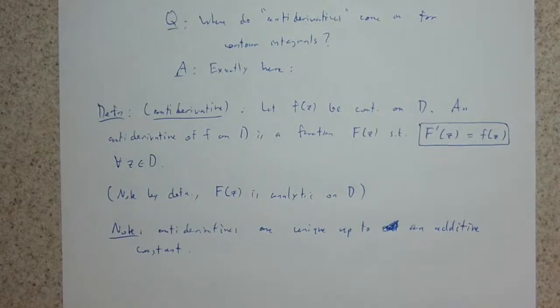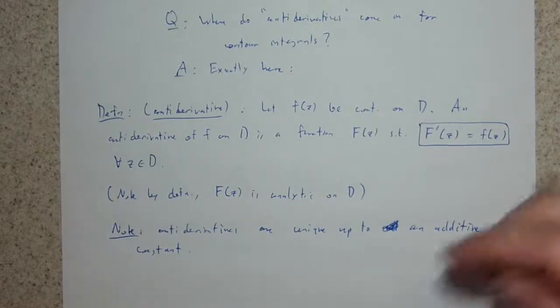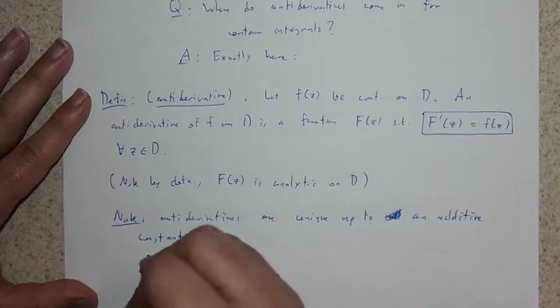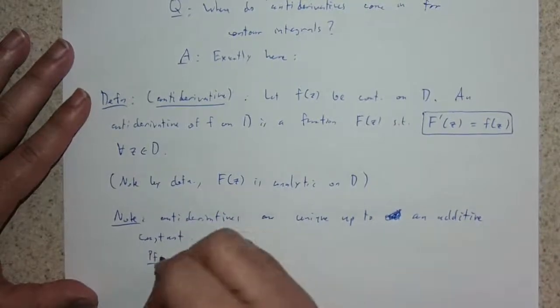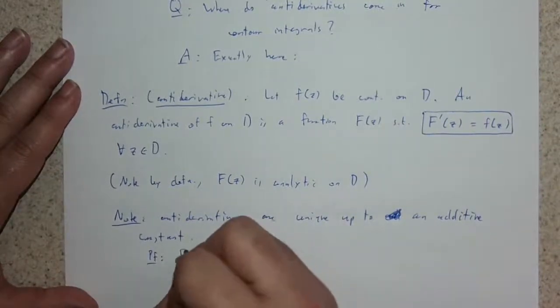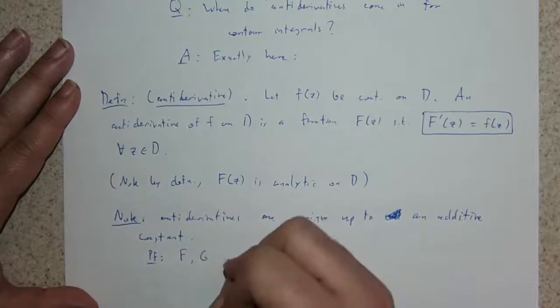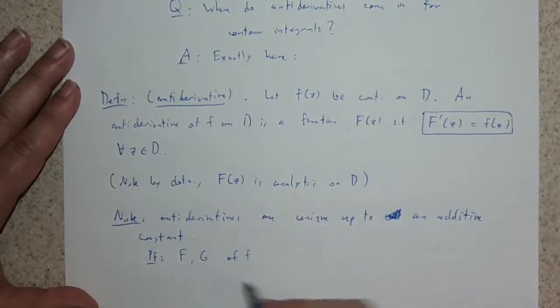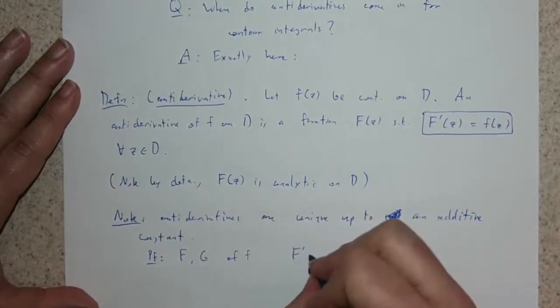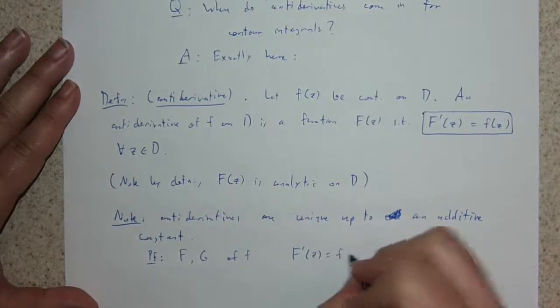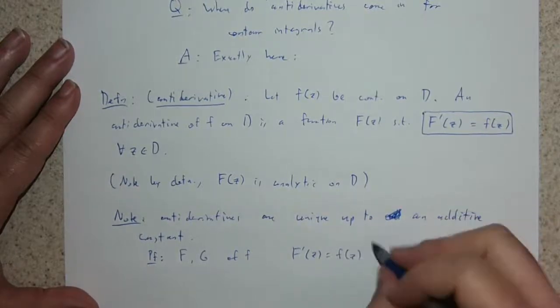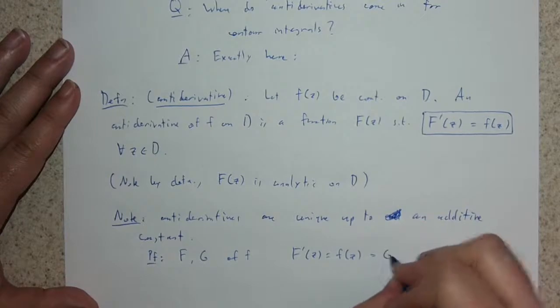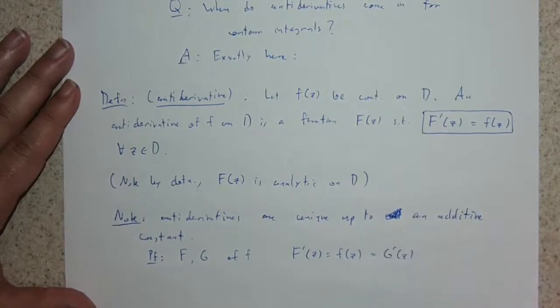How do I know this? Well, if I have two antiderivatives, we can prove this really quickly. If I have two antiderivatives, say big F and big G of f, then we know that big F prime of z is little f of z for all z, but this is also big G prime of z.